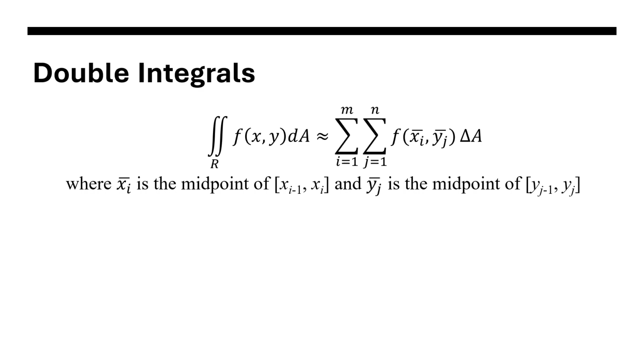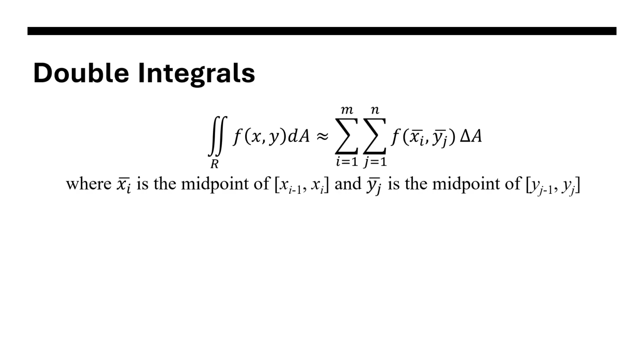This means that we are going to use the double Riemann sum to approximate the double integral, where the sample point x sub ij star, y sub ij star in the rectangle R sub ij is chosen to be the center, the midpoint.